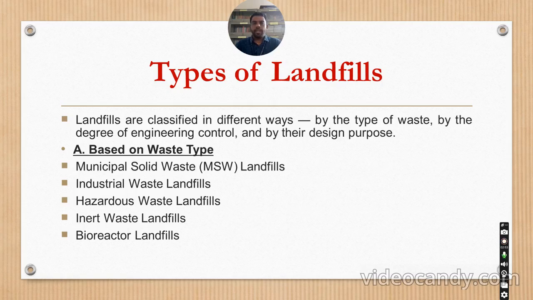This depends on which type of waste is produced in that particular scenario, what the controlling methods are, what type of engineering techniques we have to use to solve that type of solid waste problem, and what design purpose we have to apply in that practical scenario.